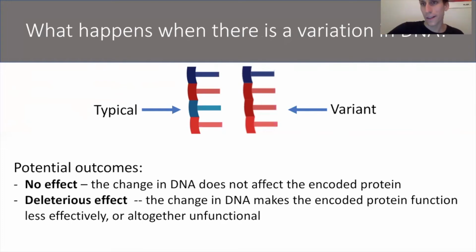So they may not have this variation, but we may inherit it because it arose again in the process of duplication. These variations can have no effect. Perhaps the change in DNA is pretty minor and doesn't affect the encoded protein, or it can have what's called a deleterious effect, meaning that the change in DNA makes the encoded protein function less effectively or makes it altogether nonfunctional.